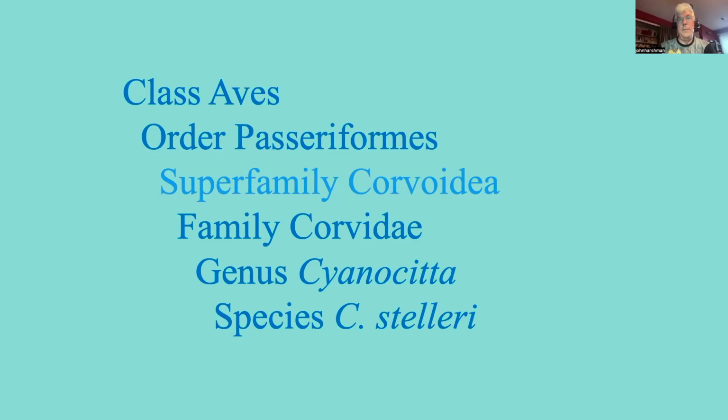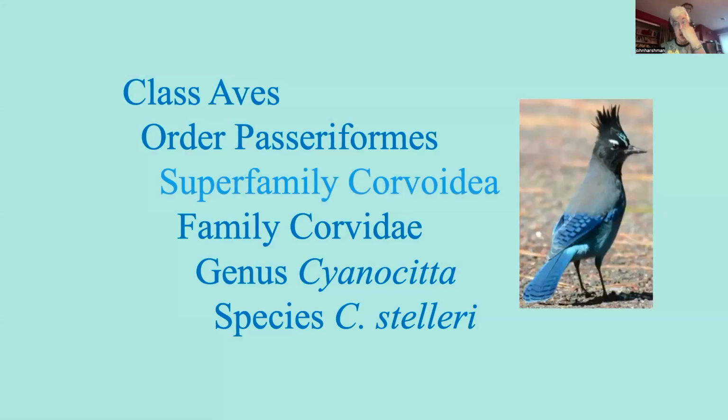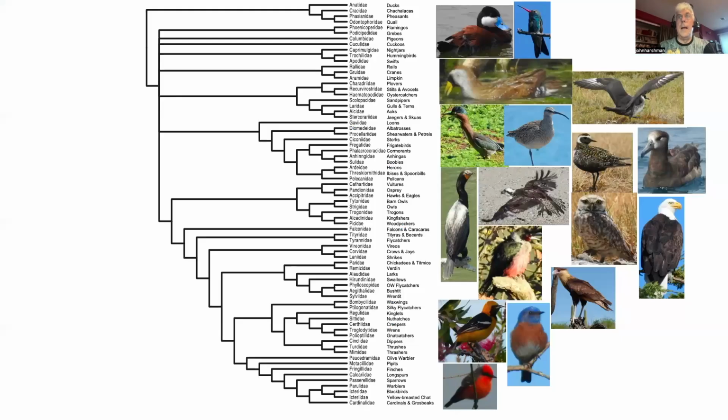And within genus Cyanocitta, there is the species Cyanocitta stelleri, again, always italicized. And that is Cyanocitta stelleri. So I want you just to remember superfamilies, because we're going to get to those after a while.